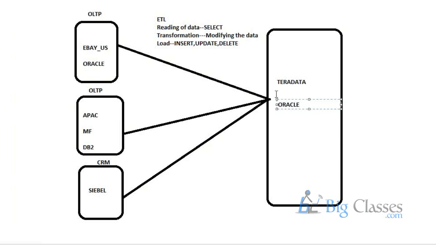So once you load the data into the data warehouse, the data in a data warehouse is used for analysis. So the complete data warehouse will be used as a source to identify information about your business.